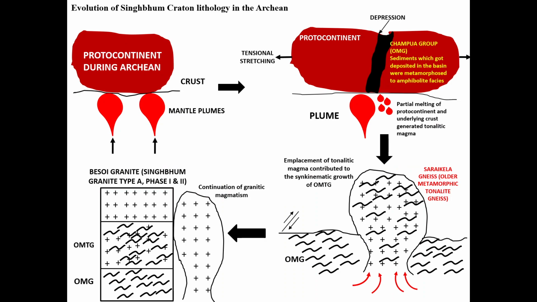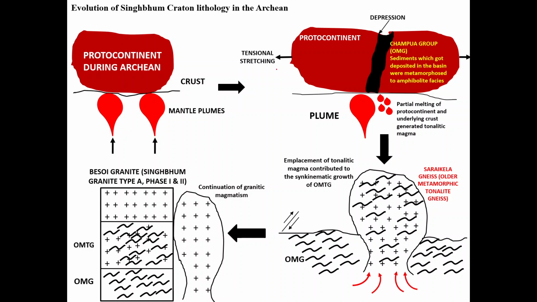So, the evolution of the Singhbhum Craton. The Archean lithology of the Singhbhum Craton has been studied in great detail, and it has been proposed that during the Archean there was a proto-continent, which, due to consistent mantle plume activity, got stretched.